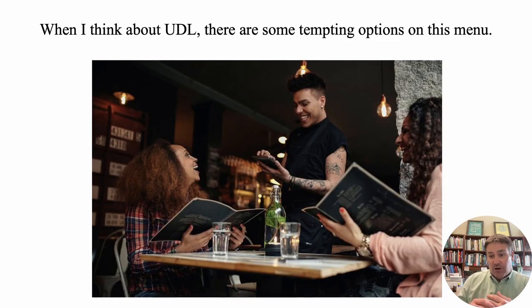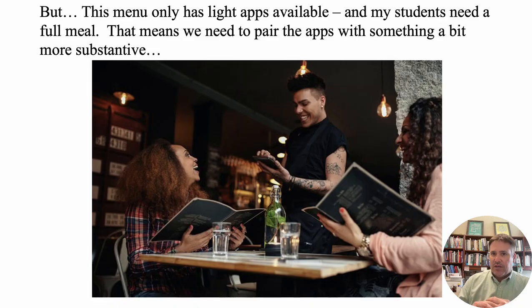UDL at the restaurant looks delicious. It is a very tempting menu item to help me think about what I want to order and how I'm going to support students. But using my metaphor, UDL is like light apps. That's filling. Sometimes I'm hungry for light apps.